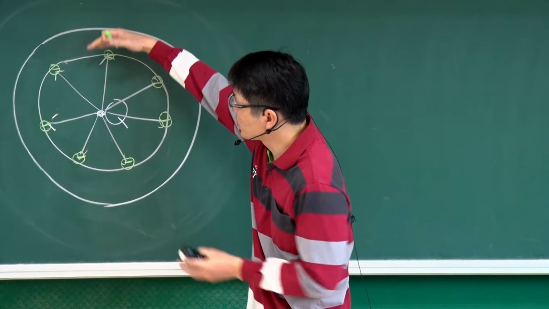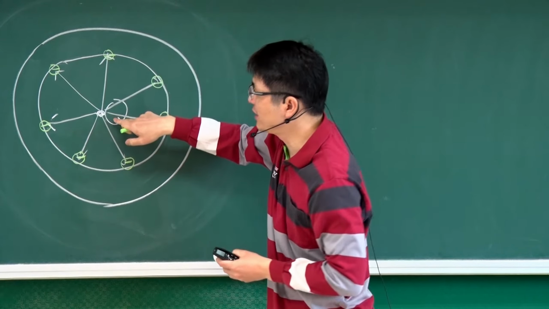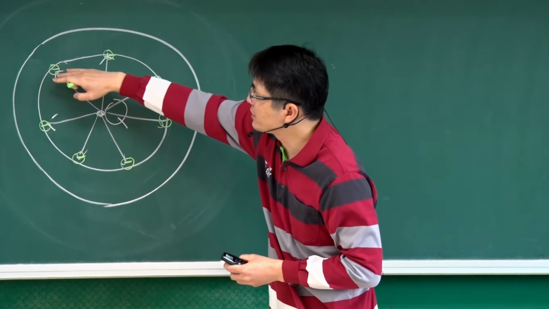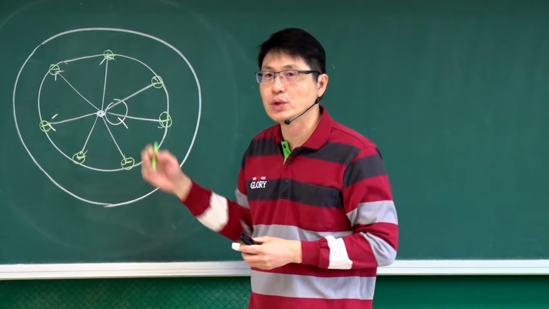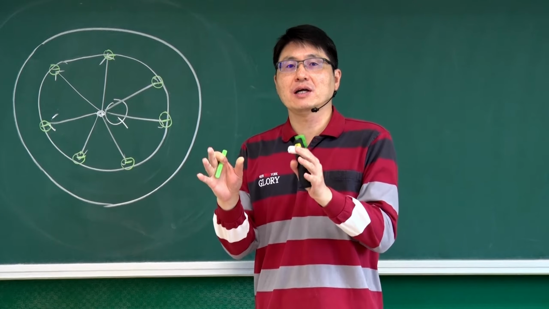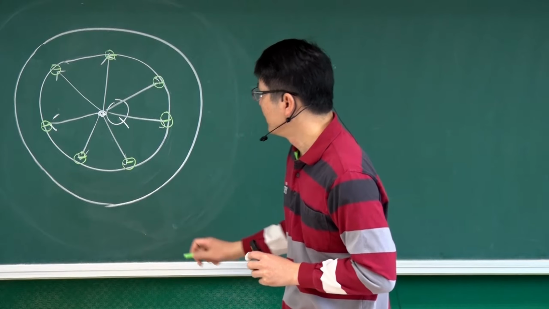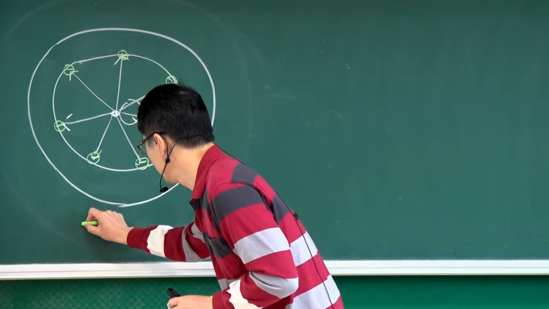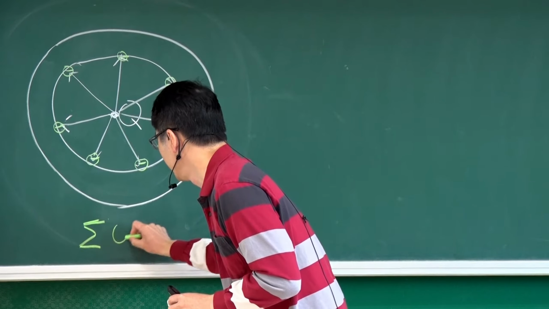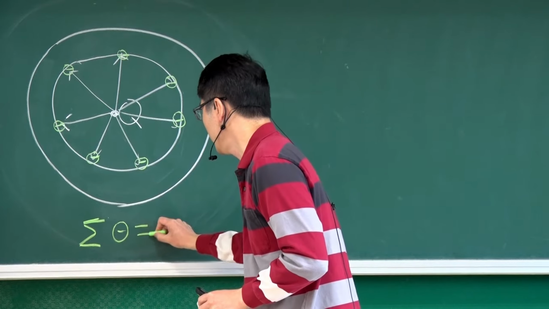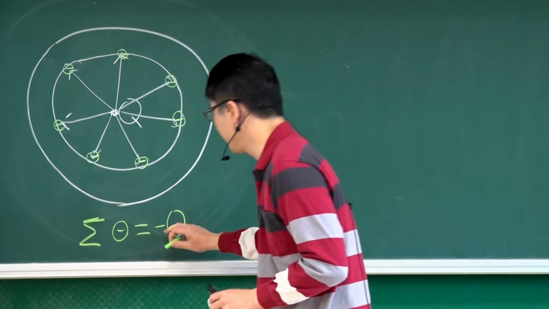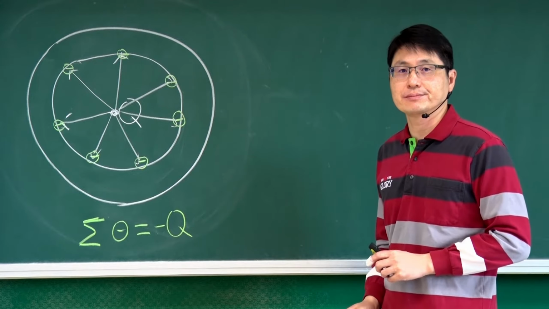The electrons will be attracted by this positive charge, so the entire inner shell will be covered with lots and lots of electrons. And the sum of all these negative charges would be Q, but having a negative sign.